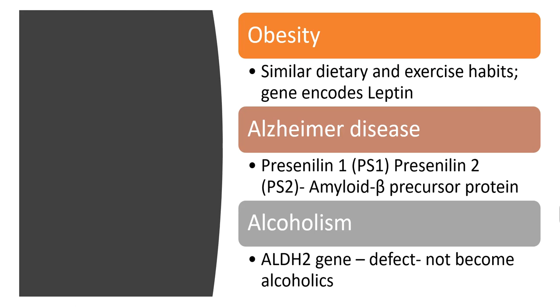Because they do not metabolize alcohol, they do not get the symptoms of alcoholism. So they can drink as much as they want, they are not going to develop any complications, and that can lead to them becoming alcoholics. That's not good. But they will not develop all those complications.